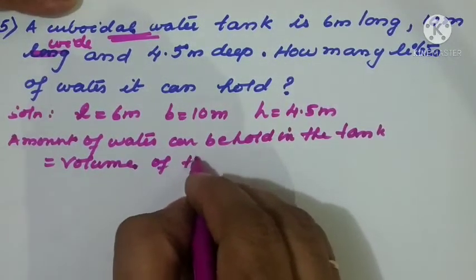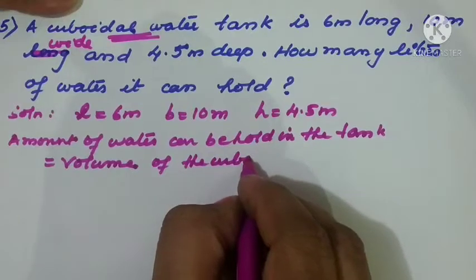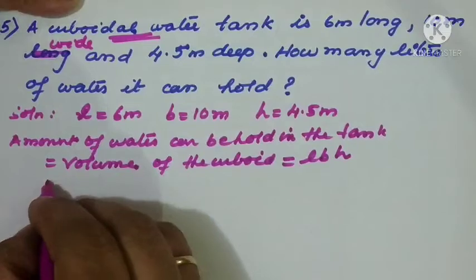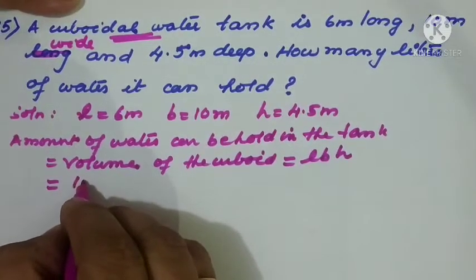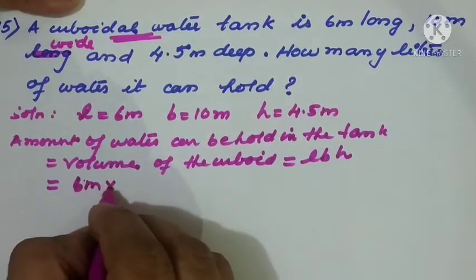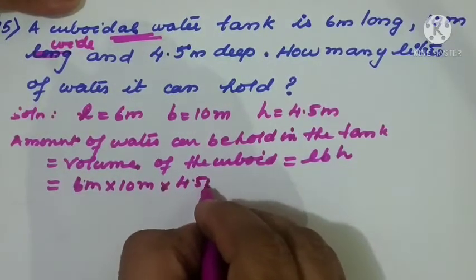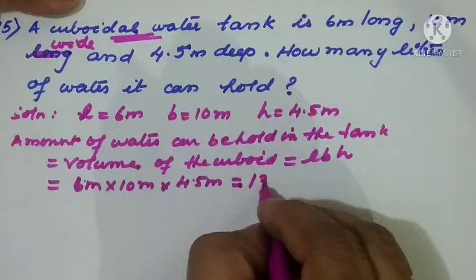The formula for volume of the cuboid is l b h. Substituting the values, 6 meter into 10 meter into 4.5 meter, equals 135 meter cube.